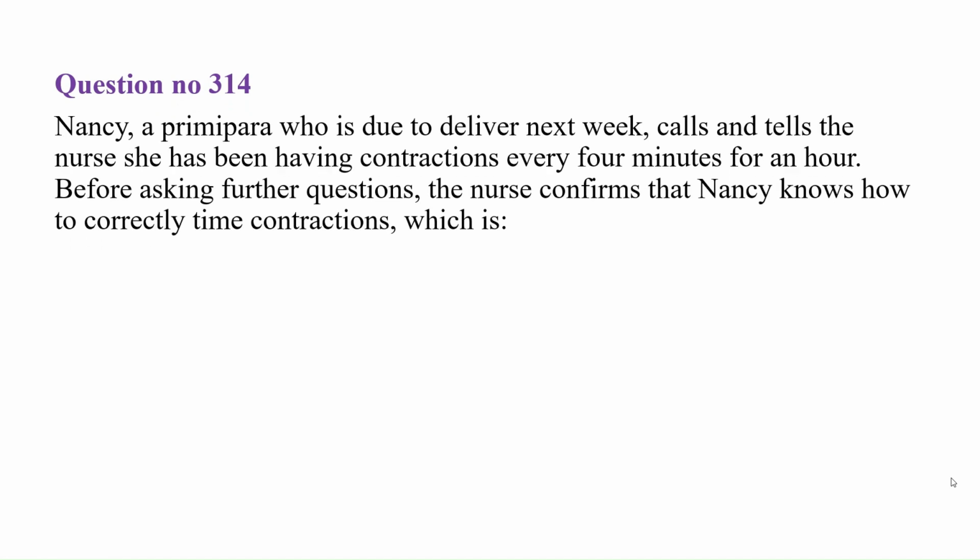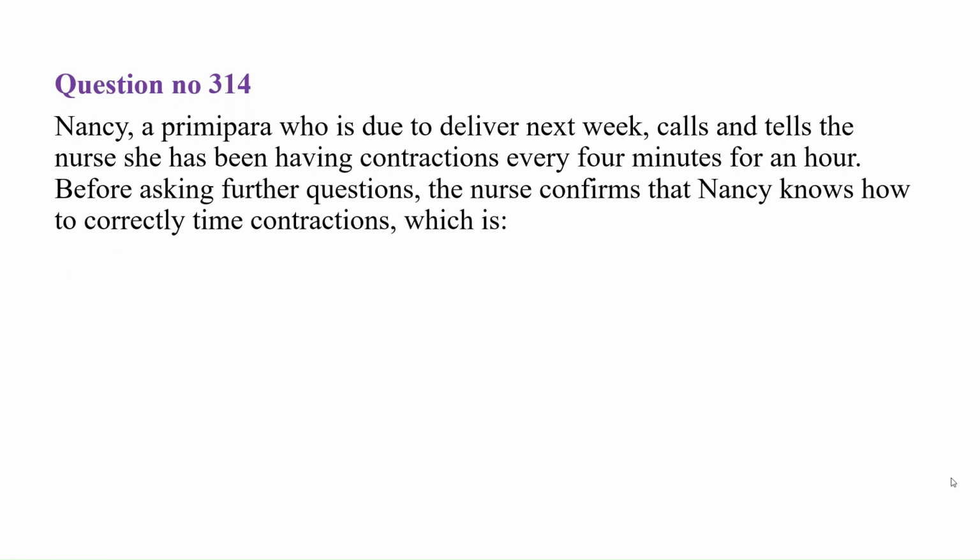Question number 314. Nancy is a primipara who is due to deliver next week, calls and tells the nurse she has been having contractions every 4 minutes for an hour.